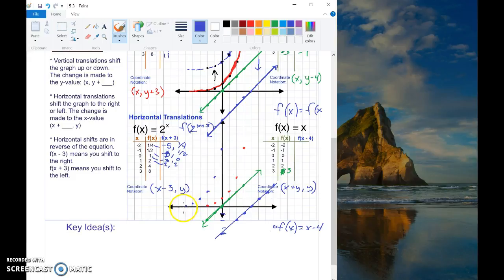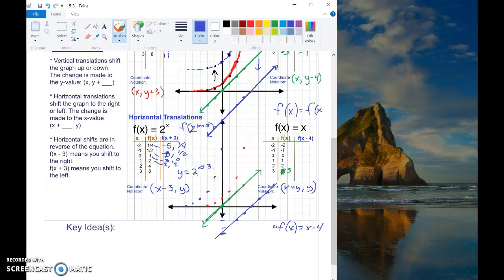My x values shifted. But when I wrote it as an equation, if we wanted to write the equation of our line, then it would be y equals 2 to the x plus 3.